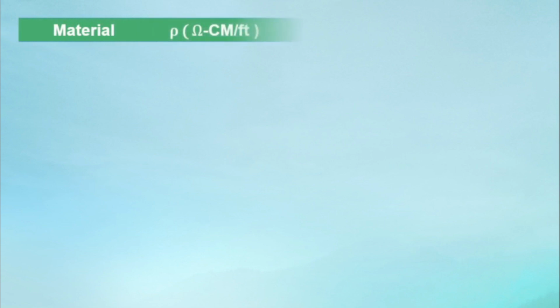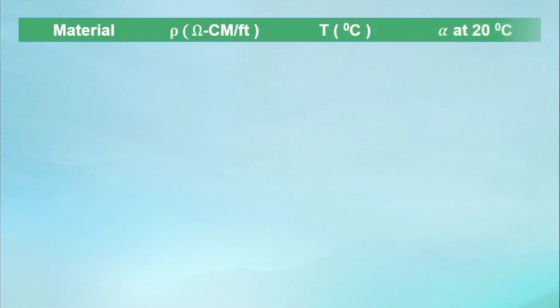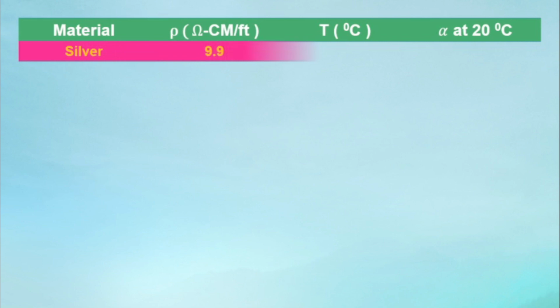Tables of material with specified resistivity over length and temperature and coefficient of resistance at 20 degrees. Silver with resistivity of 9.9, temperature of 243 degrees C and coefficient of resistance 0.0038.